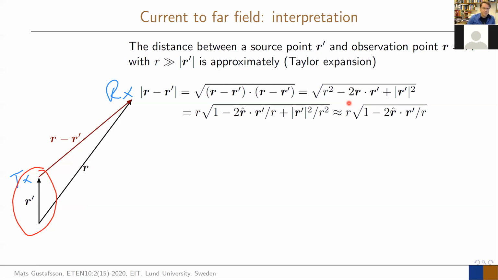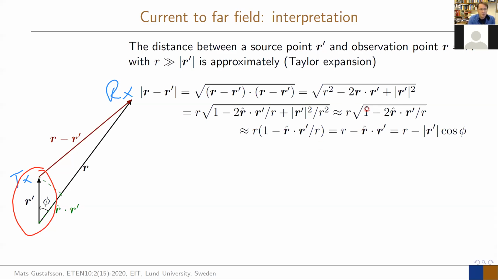If I now write this up, it means that r, the distance from there to there, is a very large number. I can pull it out. Then if I take this distance r prime and divide by r, this is a very small number, so I can skip it. And this is something that still will contribute. Now I pulled out my r. Then I use a Taylor series approximation of this square root.